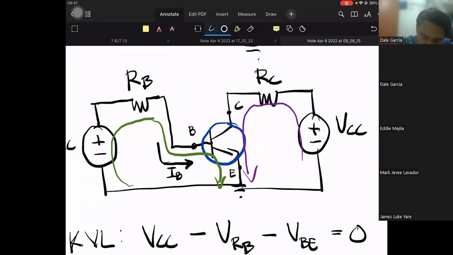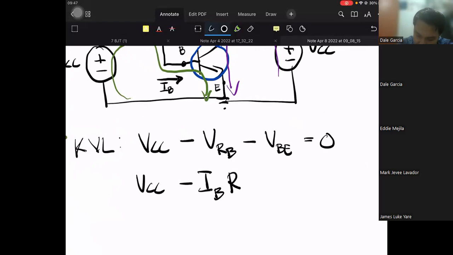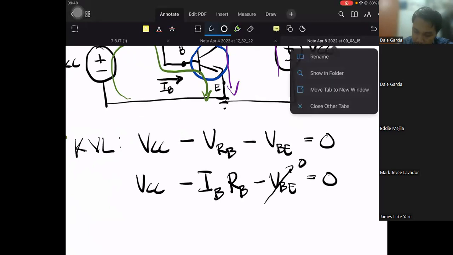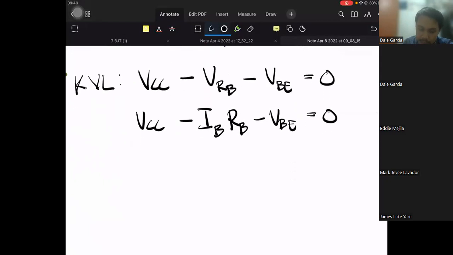That is also the same current nga galahos kay RB. So IB times the resistor RB minus VBE, which is 0.7, diba? So kanina memorize na siya, dapat nato na 0.7 volts na siya. So actually class, kung atong tanawon, VCC is given, VBE is constant, 0.7. The value for the resistor is of course given. So one equation, one unknown, masolve na nato na si IB.